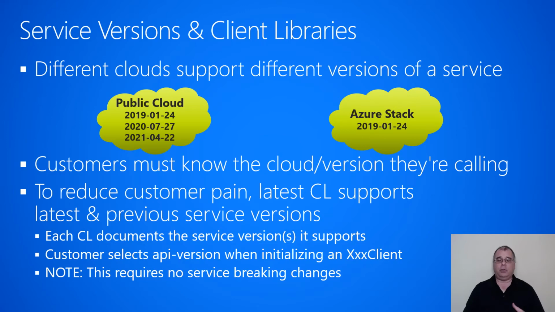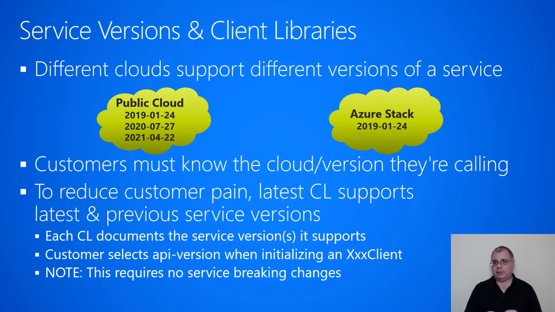If the customer knows they're talking to a public data center, then they could get a version of the client library that talks to 2019, 2020, or the 2021 version. Right? But the customer has to know what cloud they're talking to and what version of the service is there. And then the customers have to be able to look in documentation for the client library to indicate what version of the service a client library supports.